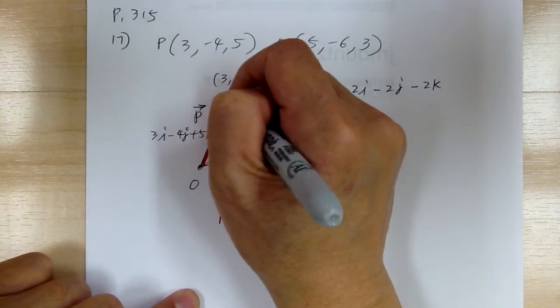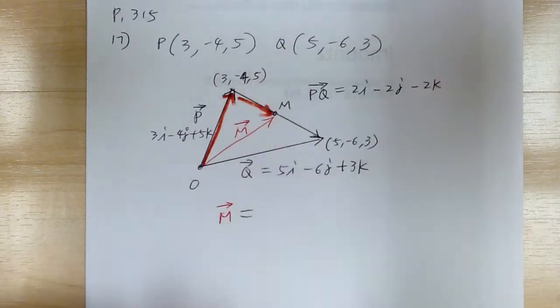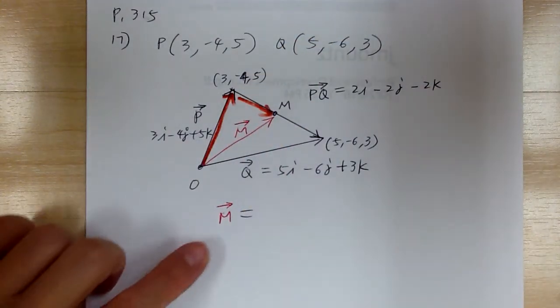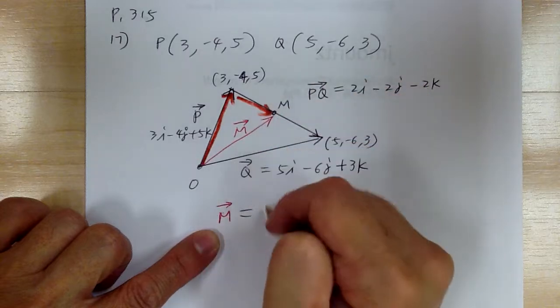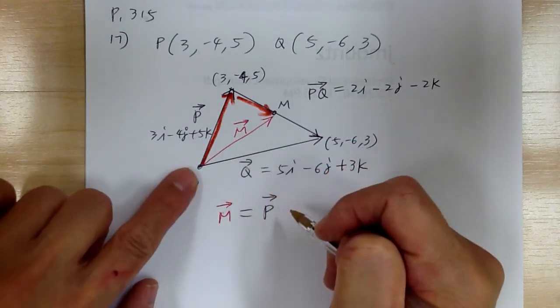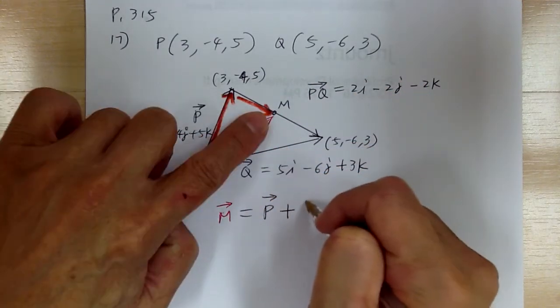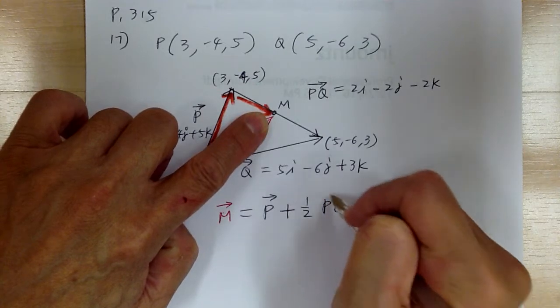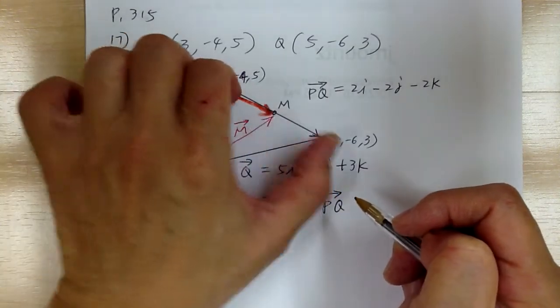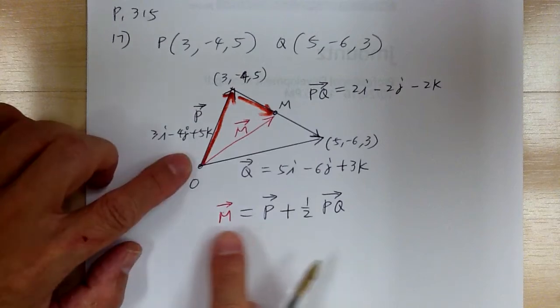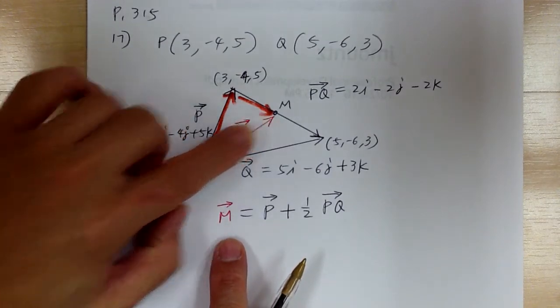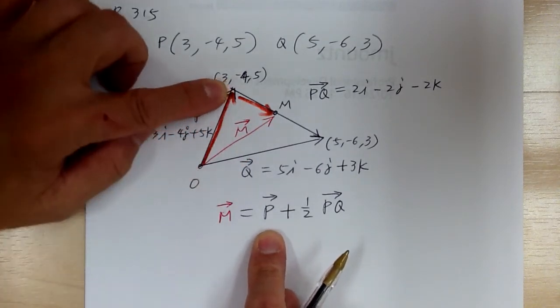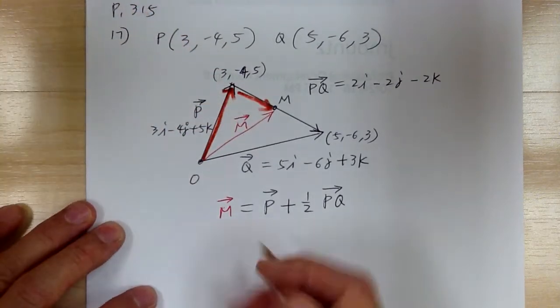So you have to follow this way. So vector M is equal to vector P, right? So from here, you go over here, plus 1/2 of the PQ. Again, this is half the PQ, right? So you can look at the map. So this vector M is the same as vector P plus 1/2 the PQ.